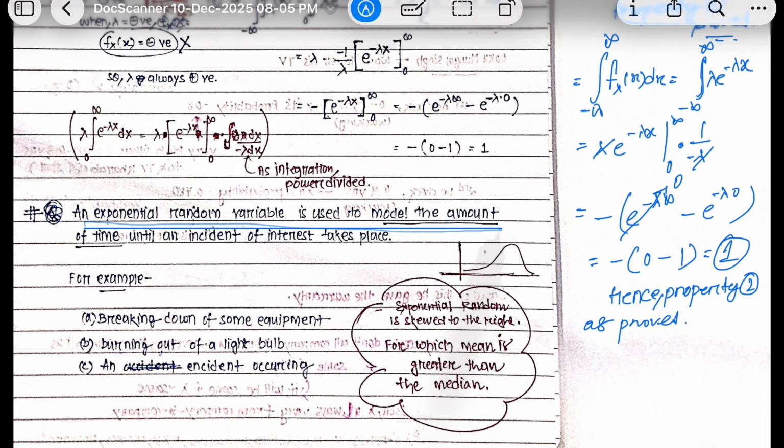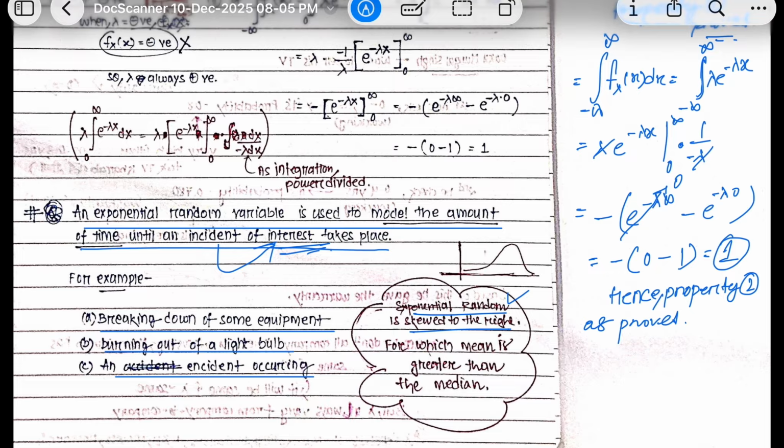The examples where we use the exponential random variable are when we are talking about the time until an incident of interest takes place. Suppose breaking down of some equipment or burning out of a light bulb or an incident occurring. These are all examples of the exponential random variable, the end of something, the incident of interest taking place.